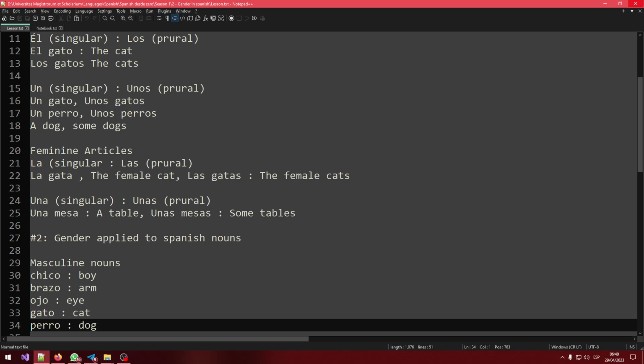When the sound is ra, you would usually say ra. For example, brazo, B-R-A, because it's the ra sound. But when you're spelling the rr sound, it's better to say r. So perro, P-E-R-R-O, because it's the strong r sound.